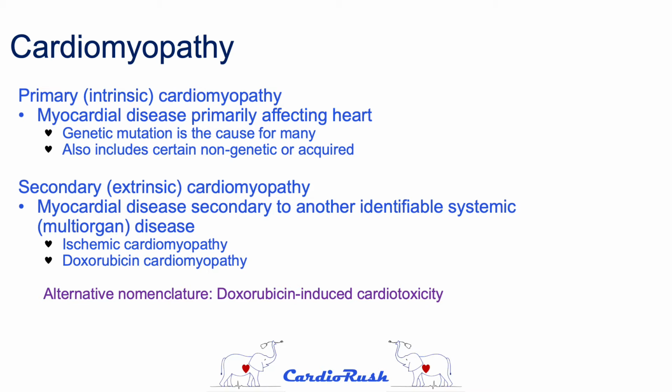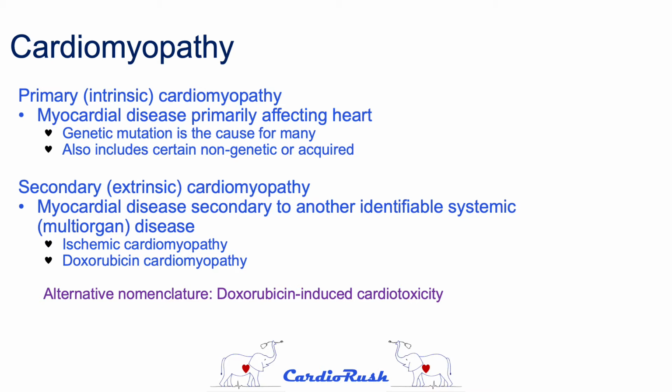Cardiomyopathy can be a result of intrinsic disease in the heart and thus might be referred to as primary cardiomyopathy. And again, many times this is a result of a genetic mutation, but it can develop from certain non-genetic or acquired forms. Cardiomyopathy could alternatively be described as originating extrinsic to the heart, or secondary cardiomyopathy.